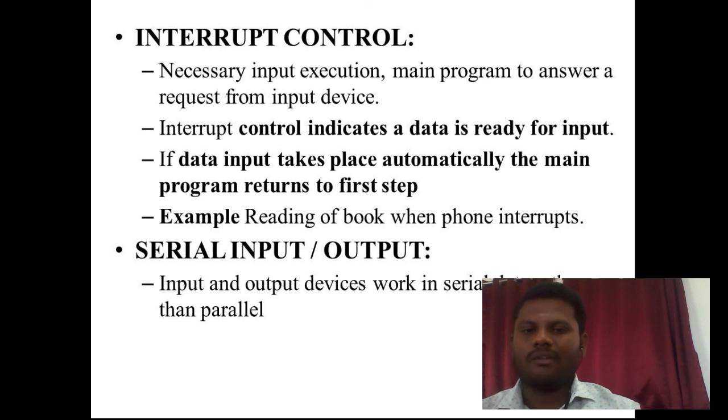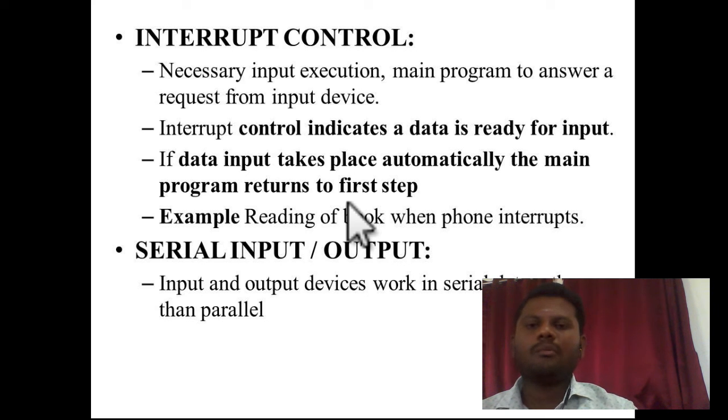Otherwise, if the pen drive is inserted, we can't know when it is inserted and what data can be copied. So it is necessary for the input execution of the main program to answer a request from the input device. Interrupt control indicates the data is ready for the input. If data input takes place automatically, the main program returns to the first step.